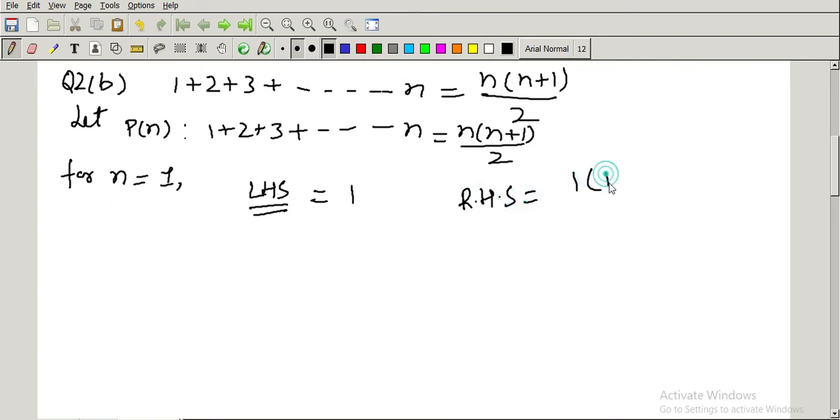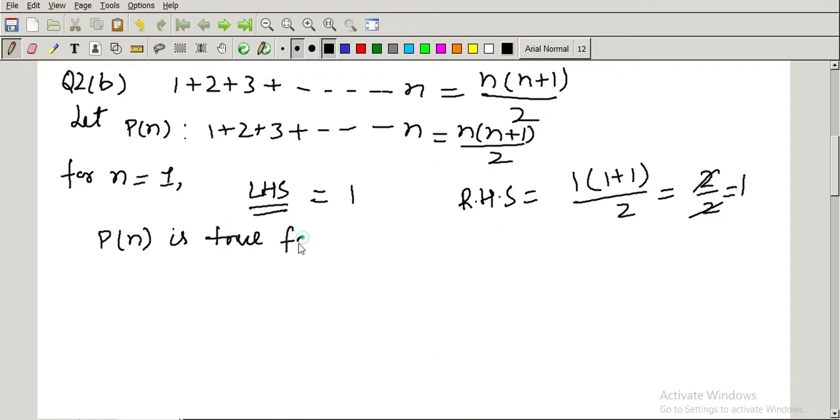So 1(1 plus 1)/2, which is 2 by 2, which is 1. So LHS is equal to RHS. So we will write like that. So therefore Pn is true for n is equal to 1.